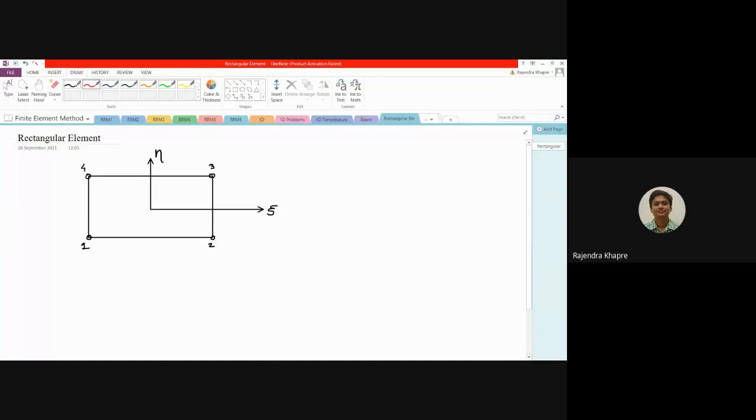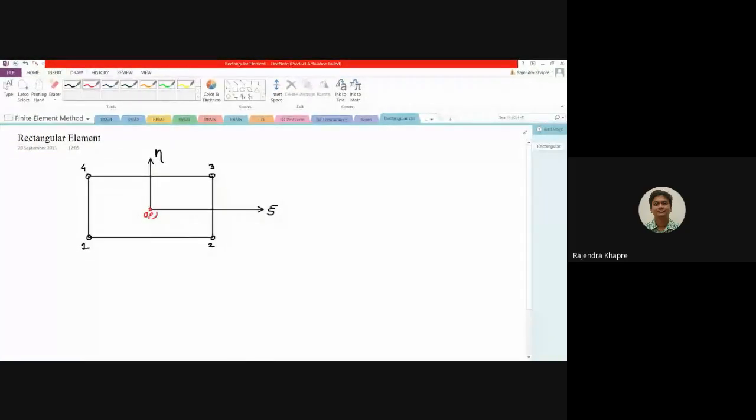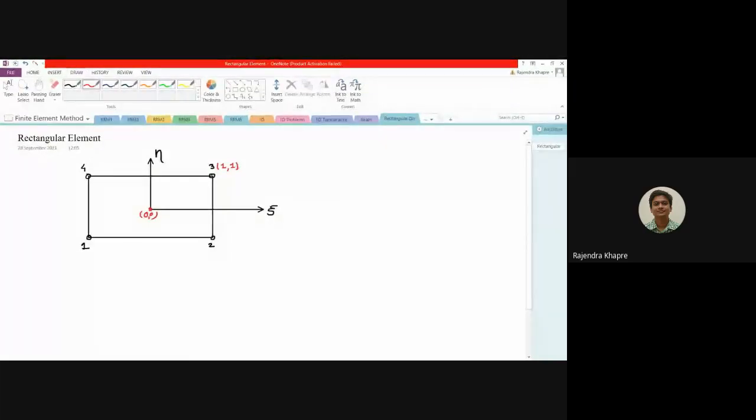The distance will be maximum 2. So here you will have the origin, which has coordinates 0 and 0. This will be the third node, which has coordinates 1 and 1, because in the xi direction and in the eta direction, the maximum distance covered in the natural coordinate system is 1.